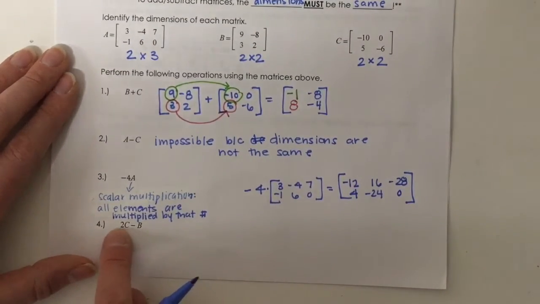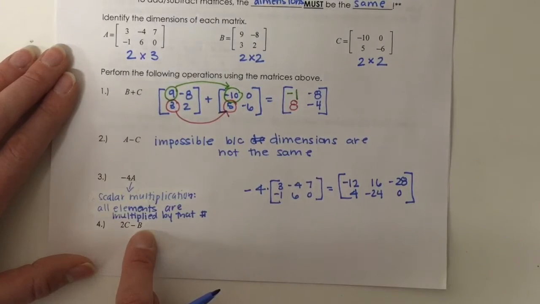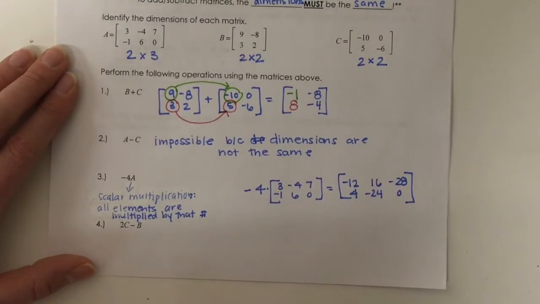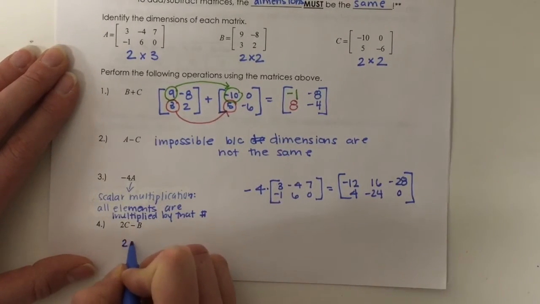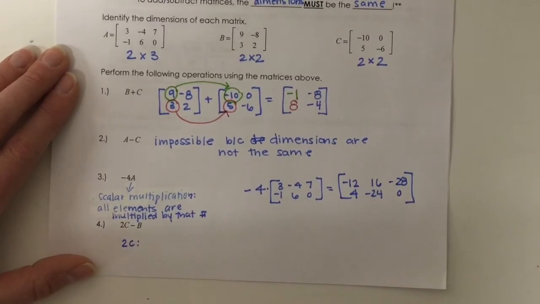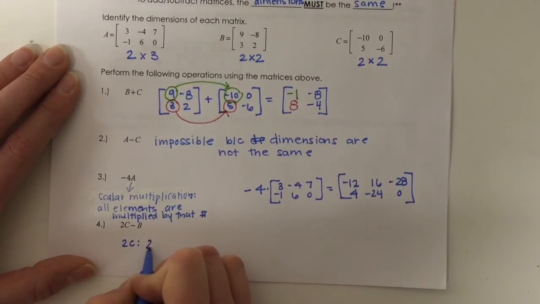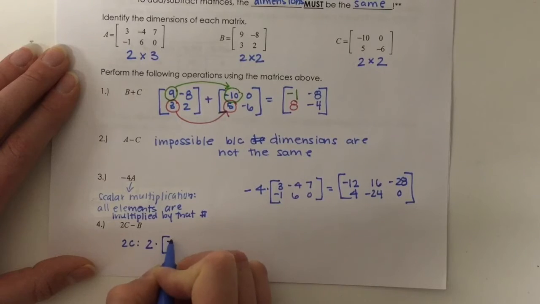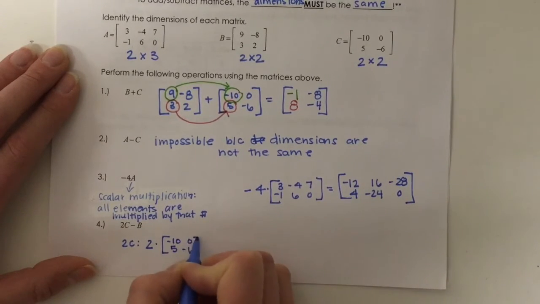Okay, the last one, we're doing two things. We are going to do our scalar multiplication and then subtraction. Think about your order of operations. We do need to multiply before we subtract. So, let's first find 2C. So 2C is 2 times matrix C, which is -10, 0, 5, -6.